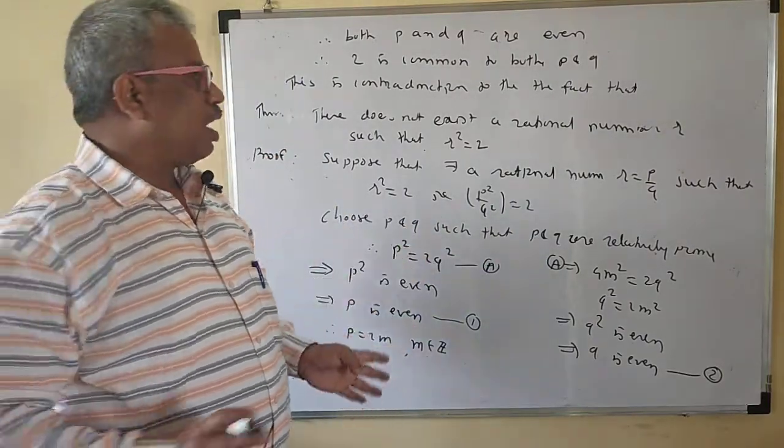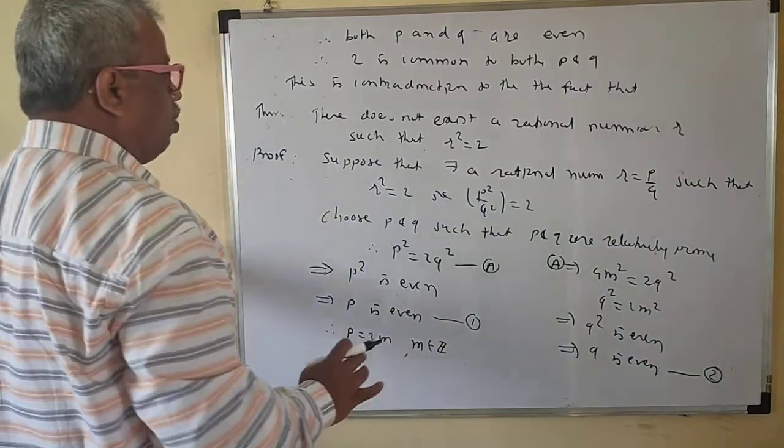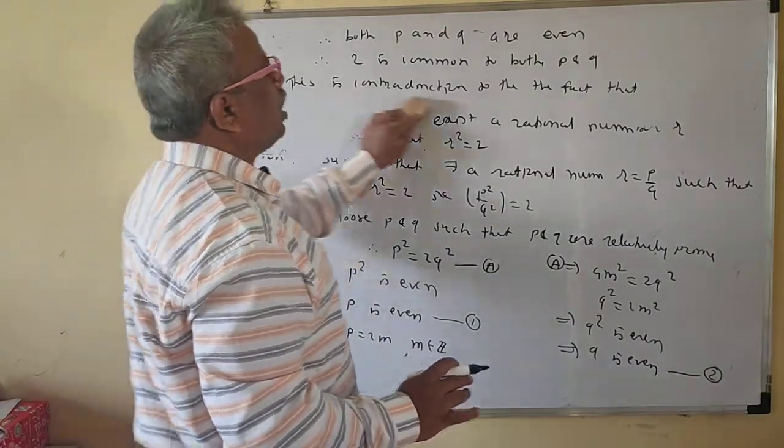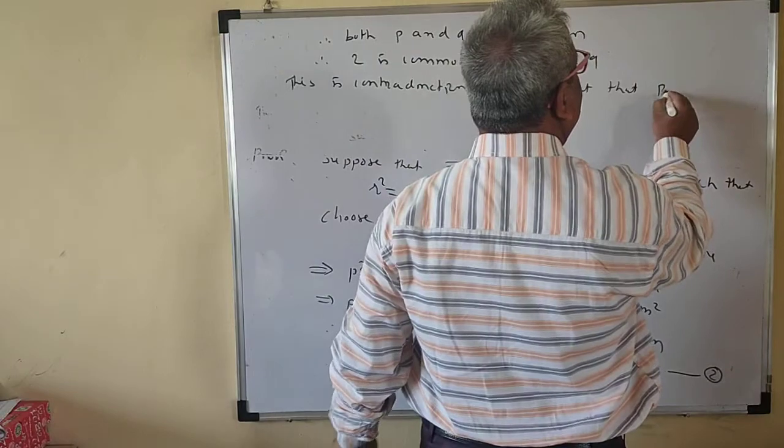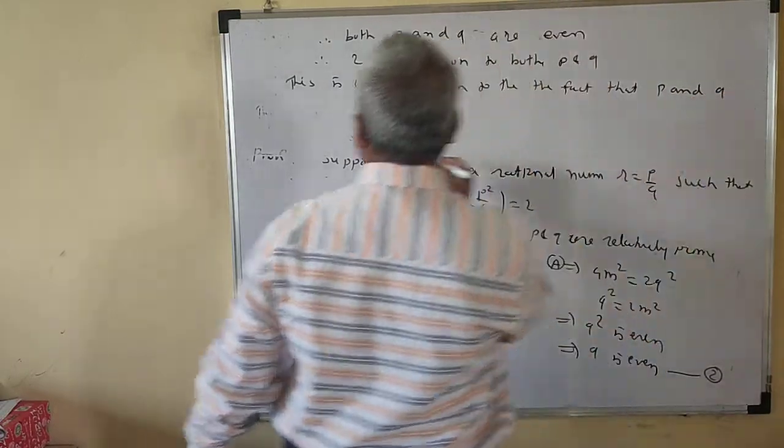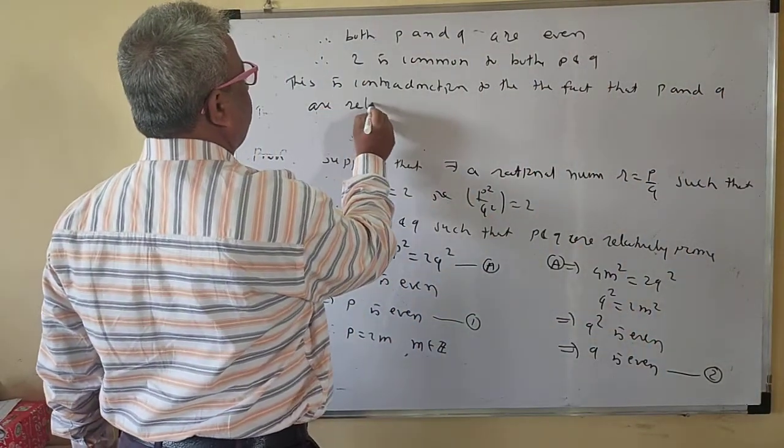So that means they do not have a common factor. This is a contradiction to the fact that P and Q are relatively prime.